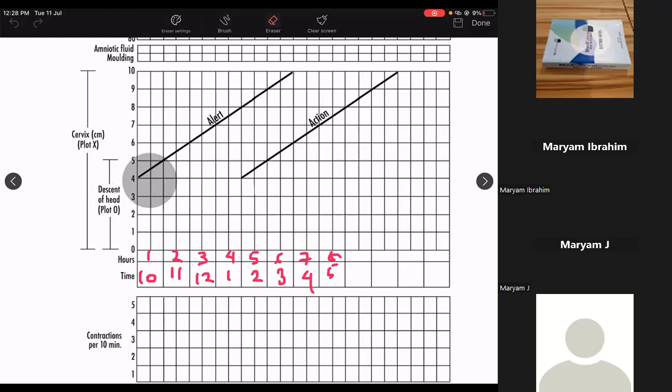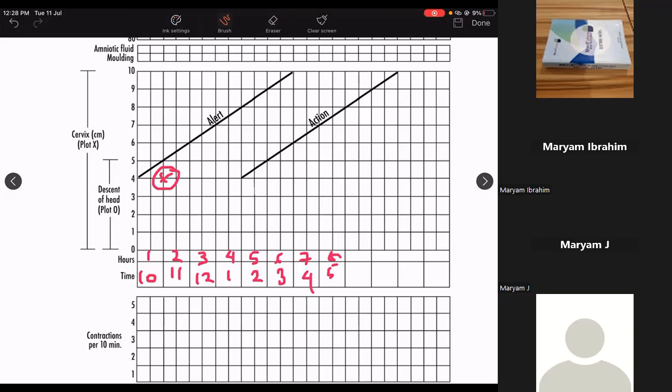So there is no confusion here. This is your cervical dilatation, and then to show that there is descent occurring at the same time, you just circle it. So you've denoted the cervical dilatation and the descent. Before we continue, any problem here? No.